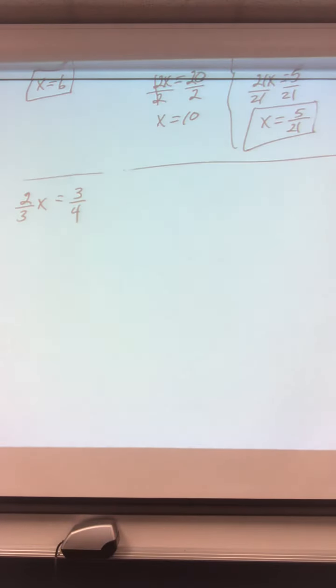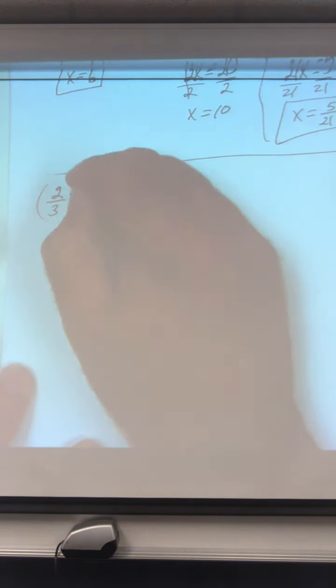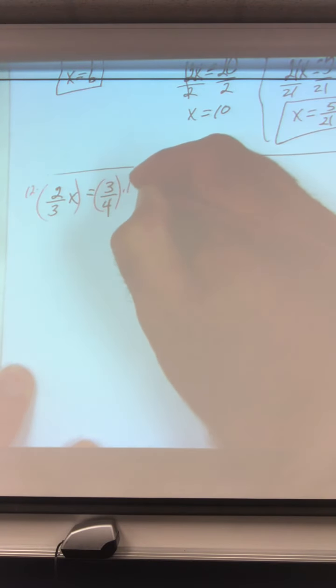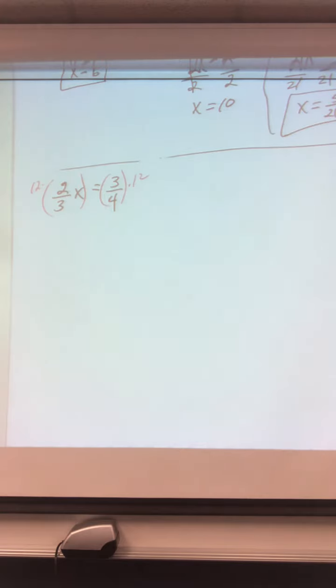Well, in this case, of course, you know that's 12. So I want to multiply the left side by 12 and multiply the right side by 12. You'll hear me say this every time when I get to this point in these problems. Cross, cancel, first. Don't do anything until you divide these fractions out.